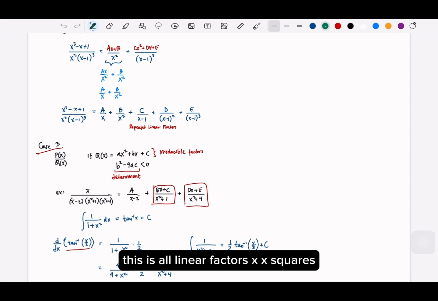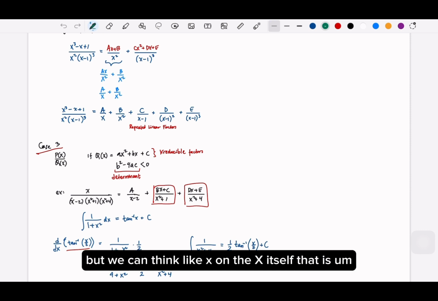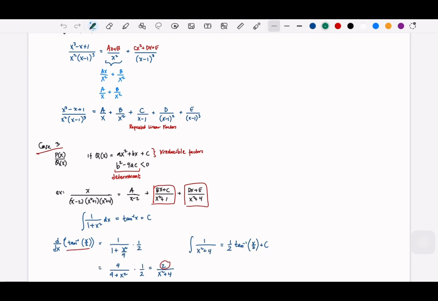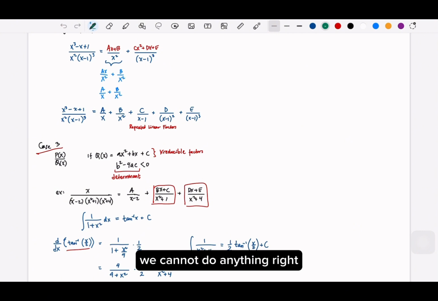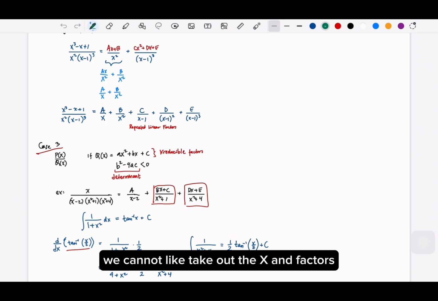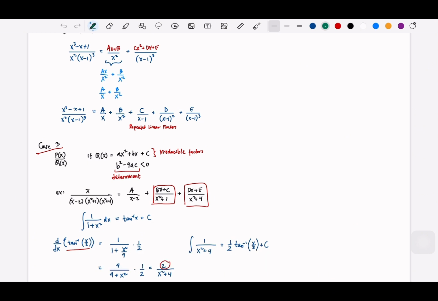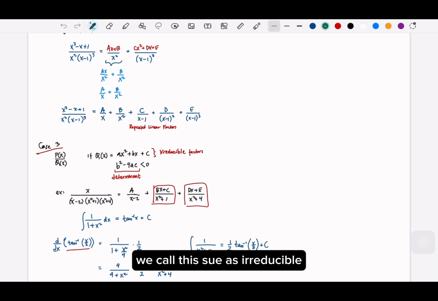This is all linear factors. x squared has a square, but we can think of it as x itself, so we can treat it as linear. But here, we cannot do anything, right? We just see that this is x squared plus 1. We cannot take out the x as a factor. So we call these irreducible.